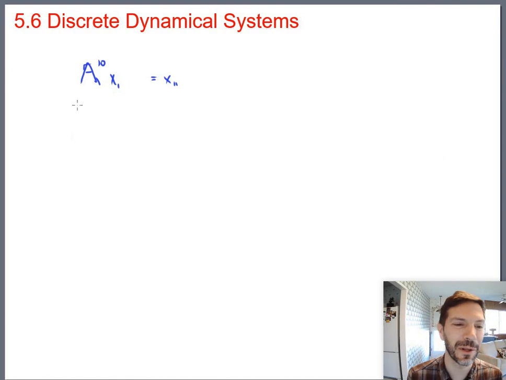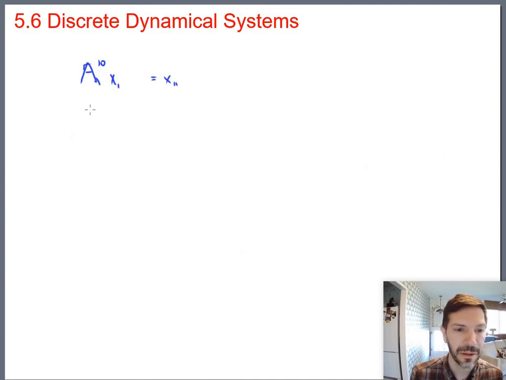We could do that by multiplying by the matrix 10 times, but that's expensive computationally, and it doesn't really help us analyze what happens as time goes on toward infinity. If we take advantage of eigenvalues and eigenvectors, we can analyze long-term behavior rather than just getting a specific point in the future.